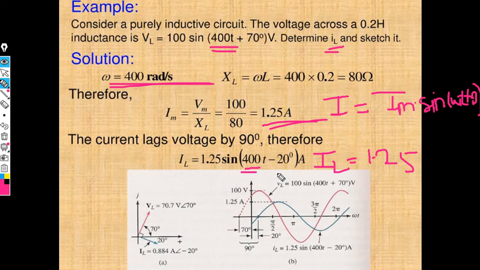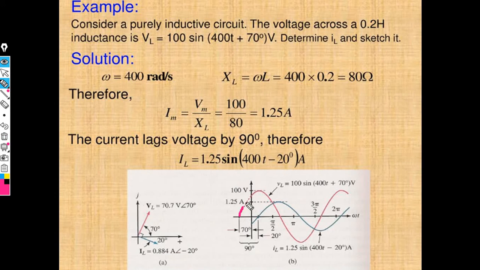Okay, now both waveforms are shown in this diagram. The first waveform is the voltage. Here 100 volt is shown, the maximum voltage, with omega 400 and a 70 degree angle.